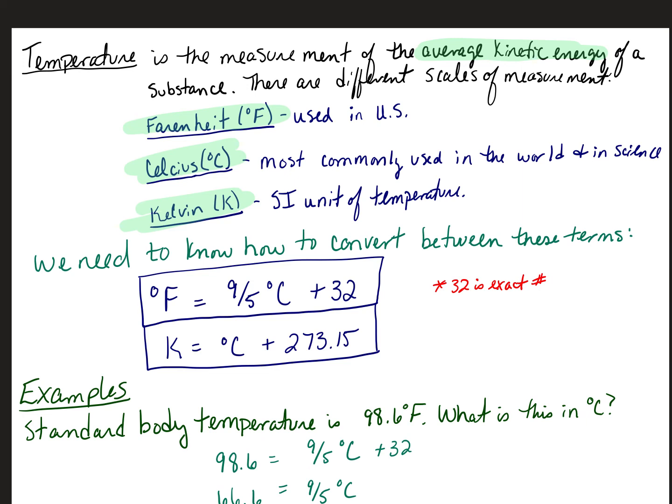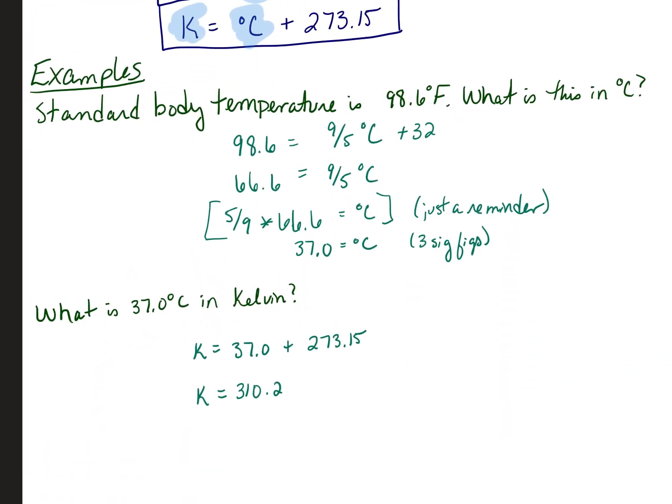So, okay, we have different ways to convert: to Fahrenheit from Celsius, or to Kelvin from Celsius. Something to note, the 32 is exact here, as is the 9/5, so you don't have to worry about sig figs in these problems. I just threw up an example here.